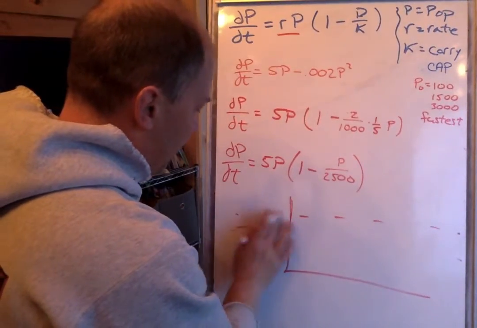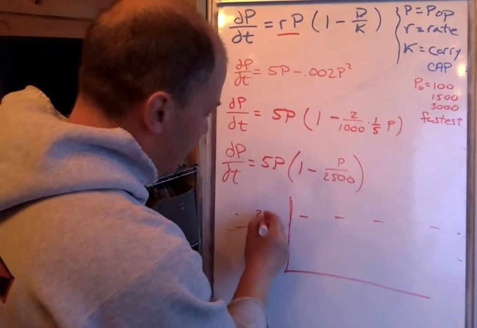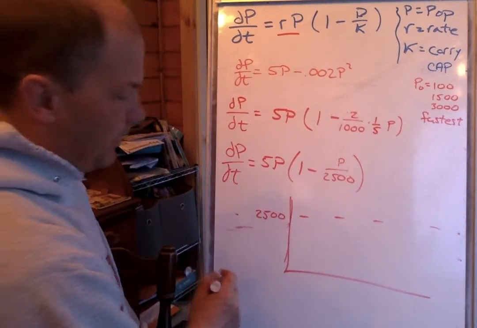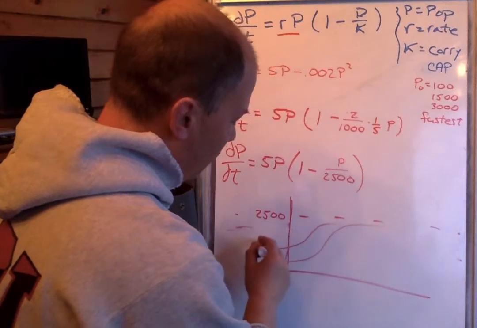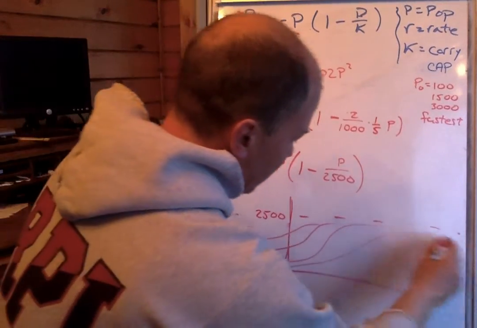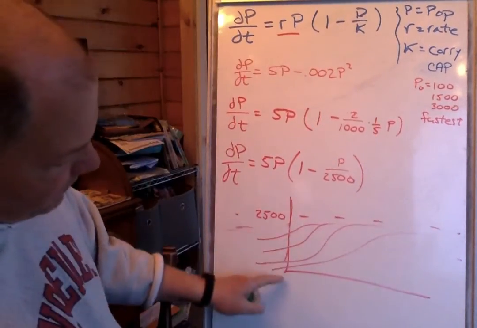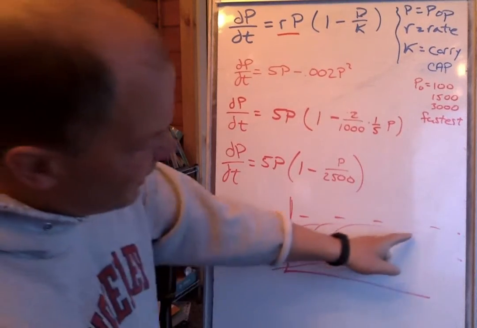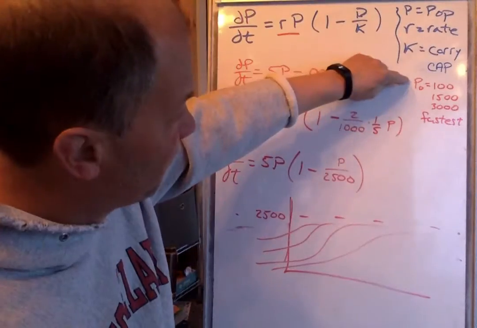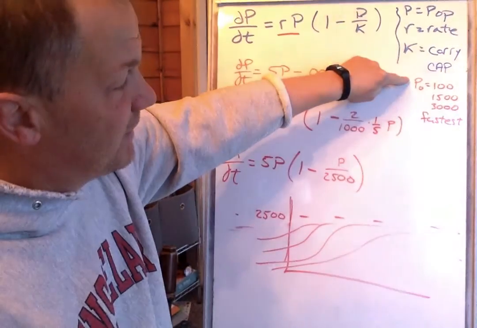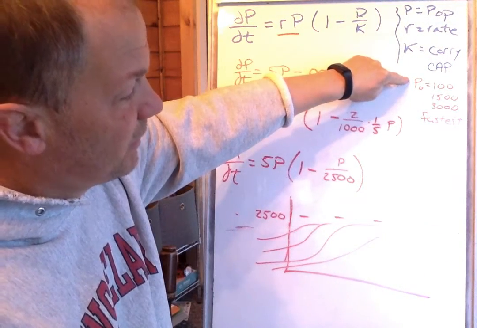Remember that we just calculated this equation. We know if the population is 2,500, that no matter what our p naught is, it's going to be approaching 2,500. So the answer, what is the limit as t approaches infinity when p naught is 100?